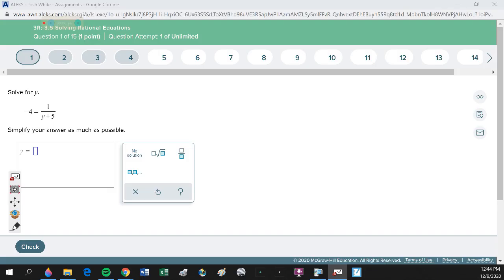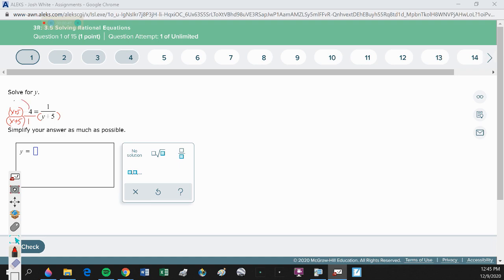So, I need to treat y plus 5 as its own denominator, and then the other one is a 1. But those two denominators need to match, so I multiply the one on the left by y plus 5 over y plus 5. Okay?